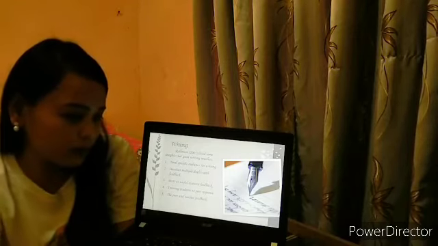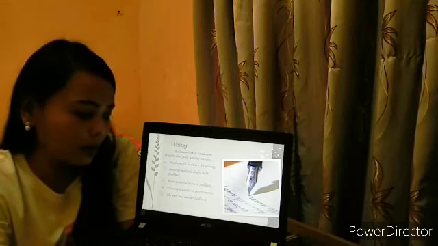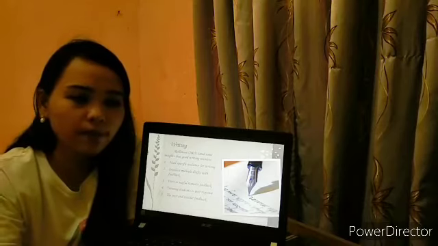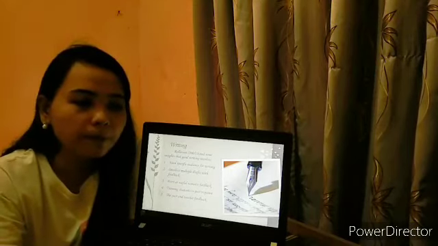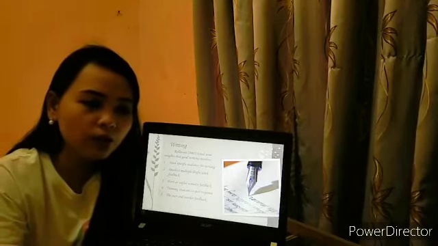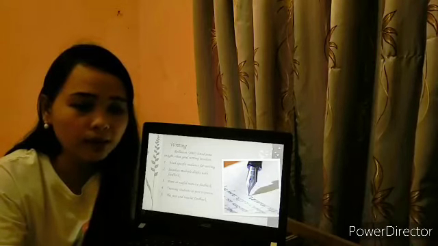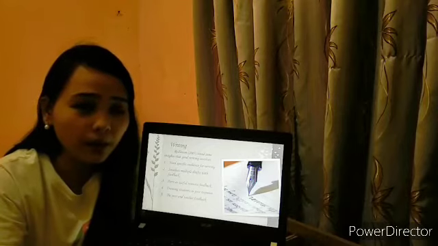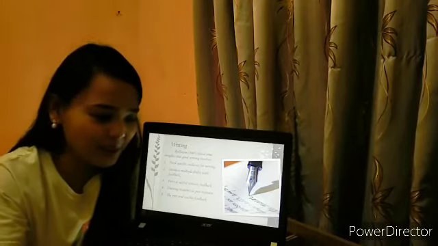Next involves multiple drafts with feedback. Multiple drafts is important because by this you can choose the one that is the best among the rest.